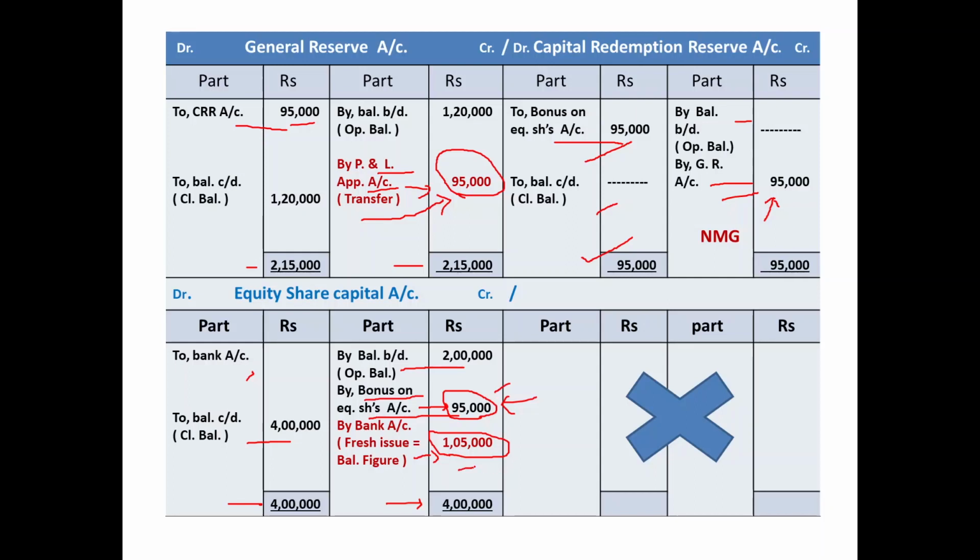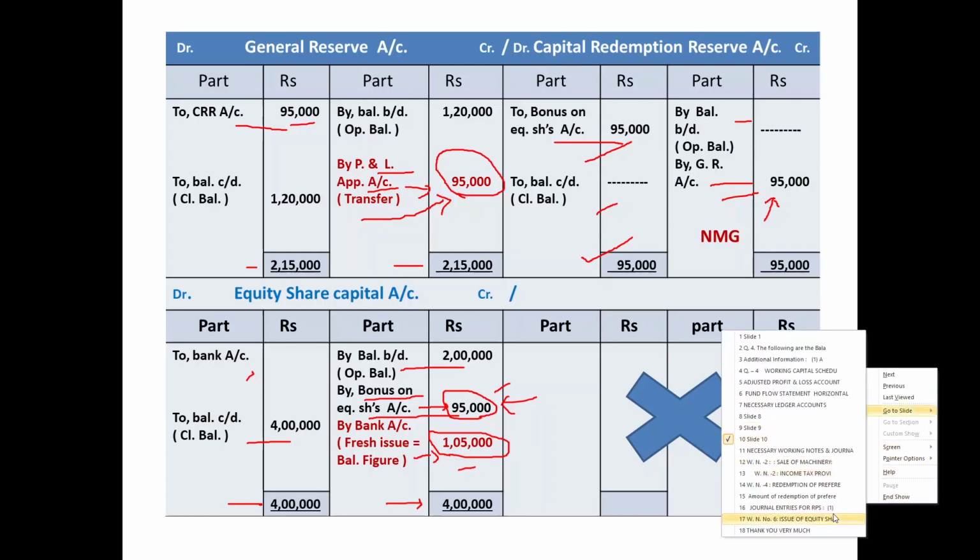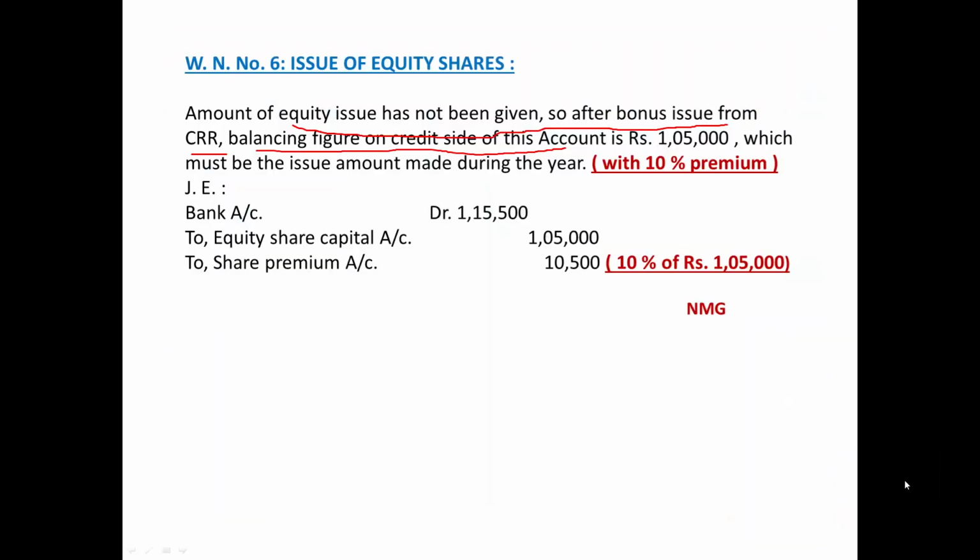And it is 1,05,000. So the last journal entry to record this transaction, let me show the last working note once again. So the balancing figure on the credit side of this account, which is 1,05,000, as I showed you in the equity share capital account, must be the issue amount made during the year with 10% premium. Now you can decide the share premium account received on this issue.